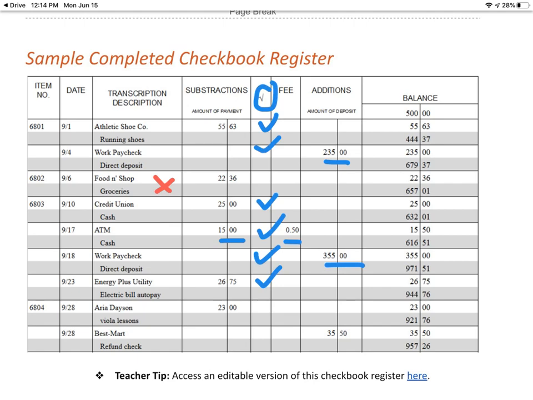So it looks like you have that $22.36, but you don't. Another thing, you wrote check number 6804 to Aria Dason for $23, and guess what? That money is still sitting in your checking account, so it looks like you have more money than you do because these people could cash these checks at any time.